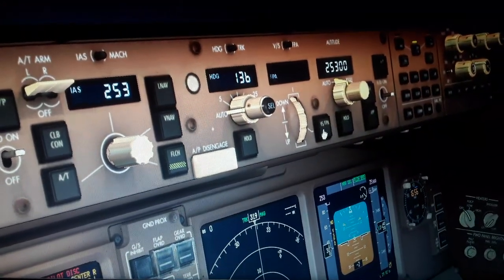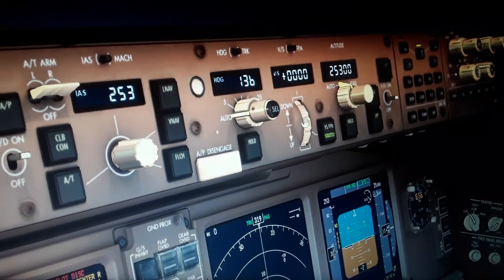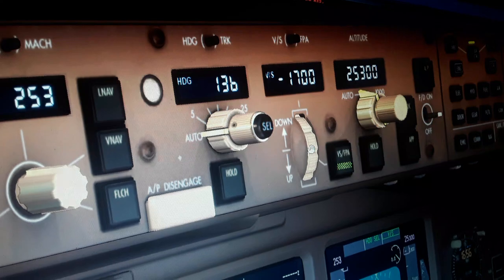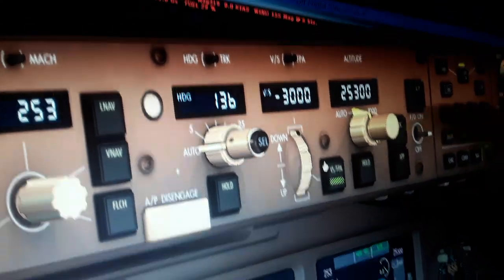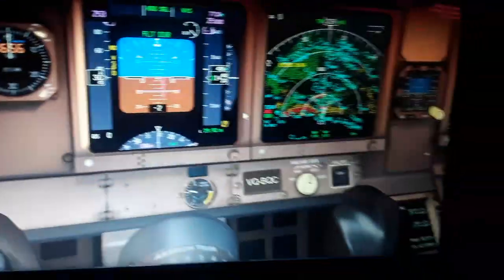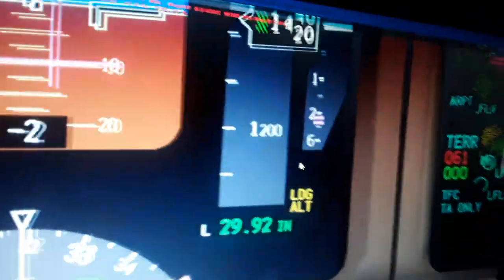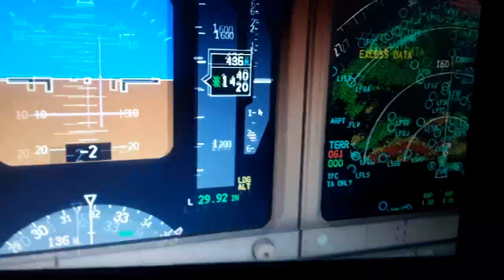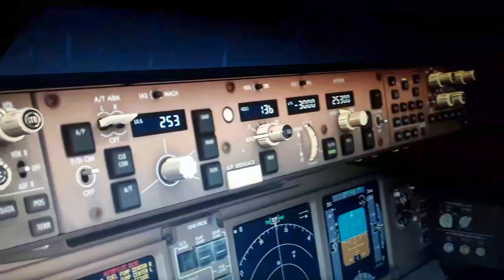So now we use also the vertical speed in feet per minute. So you will see the descent here like 3,000 feet per minute. You will see the descent path. We have to follow over here the tick mark in the rate of climb over here, the purple, and we have the climb over here.